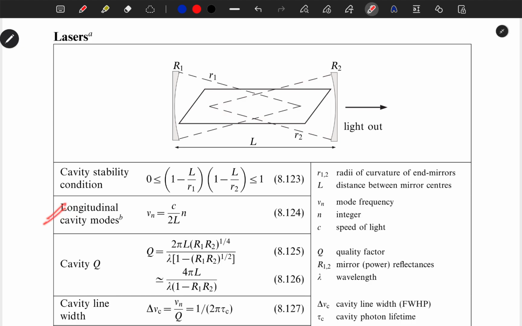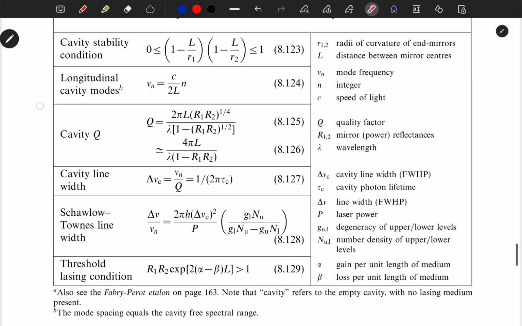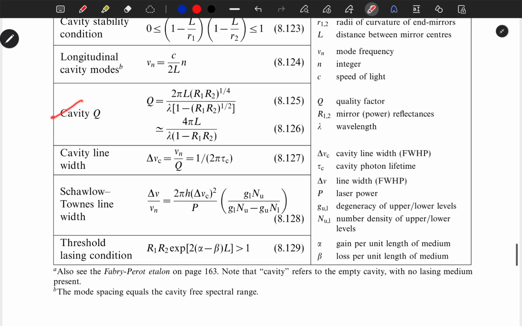Longitudinal cavity modes: ν_n equals c/(2L) times n, where n is an integer. Cavity Q can be expressed like this. Cavity linewidth Δν_c, full width at half maximum, is ν_n/Q. Schawlow-Townes linewidth and threshold lasing condition: R1 R2 e^(2(α - β)L) is always greater than or equal to 1.